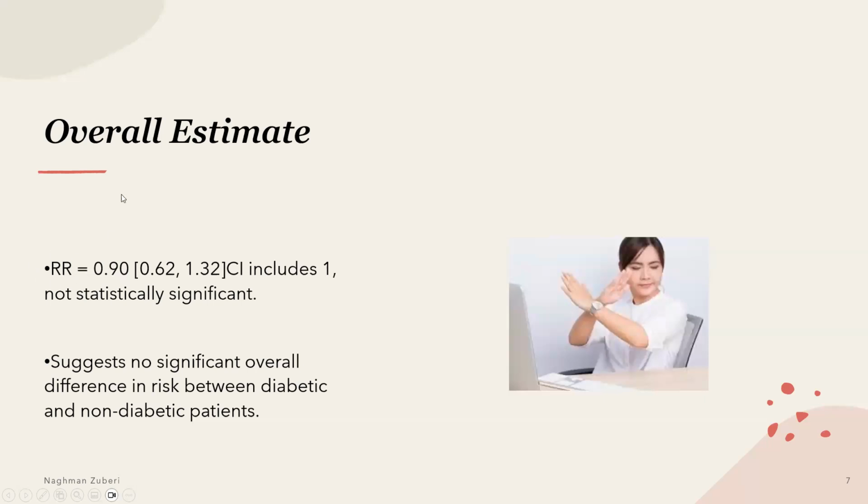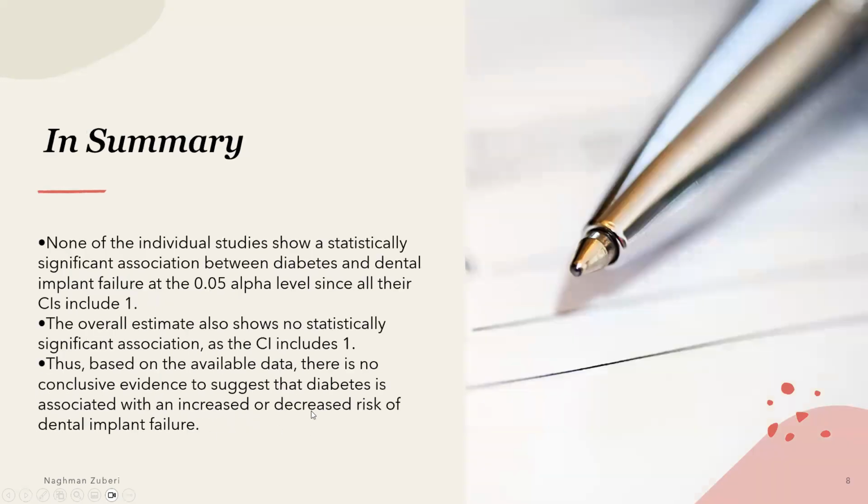The overall estimate relative ratio is 0.9 and the confidence interval is 0.62 to 1.32, which includes 1. Again, not statistically significant. It suggests no significant overall difference in the risk between diabetic and non-diabetic patients.